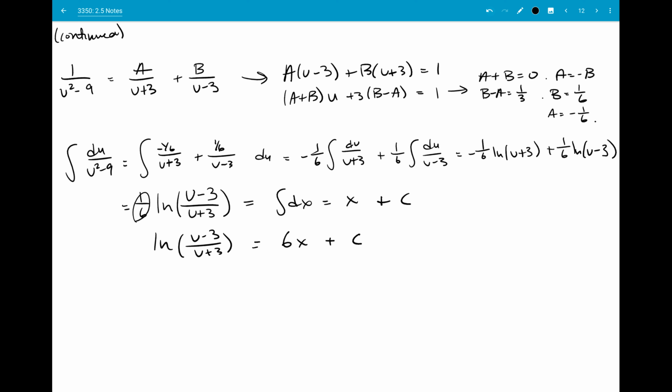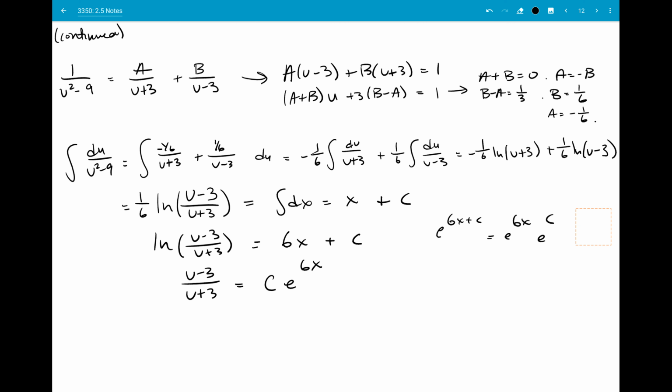I just moved my 1 over 6 over just now. And so u minus 3 over u plus 3 is equal to some constant times e to the 6x. Remember, e to the 6x plus c is e to the 6x times e to the c, which is a constant times e to the 6x.